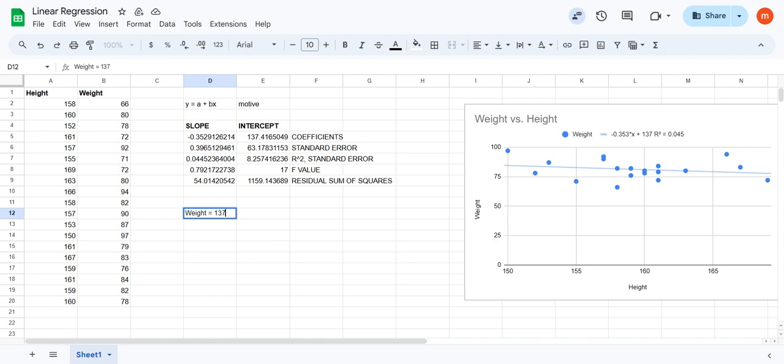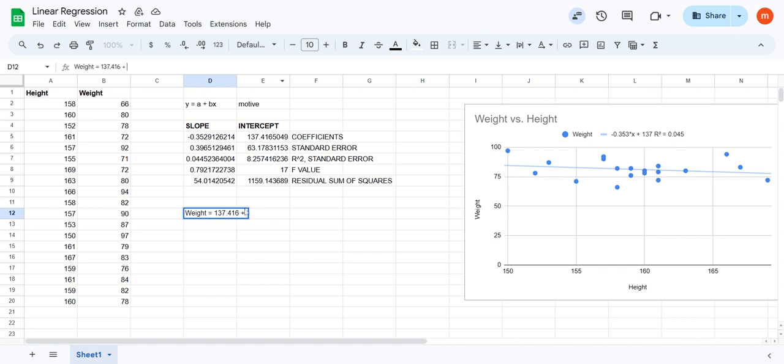So I'm just going to write 137.416. It is this particular value. Okay. And then we're going to write slope for the dependent variable. So we have only one independent variable, and that is our height.